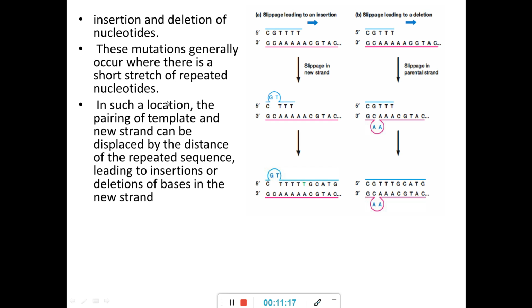In such a location, the pairing of the template and the new strand can be displaced by the distance of the repeated sequence, leading to insertions or deletions in the new strand. Now look at this particular strand. You have a slippage leading to an insertion. What happens here? GT has slipped, and as a result, another addition, a T, gets added.